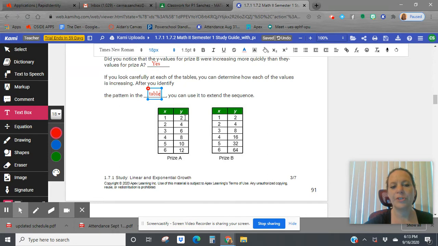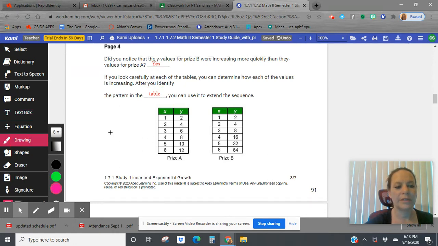So jumping from a 2 to a 4, from a 4 to a 6, etc., we notice that this one is increasing by 2 every time. We always want to check that change in Y as well as the change in X on the other side.